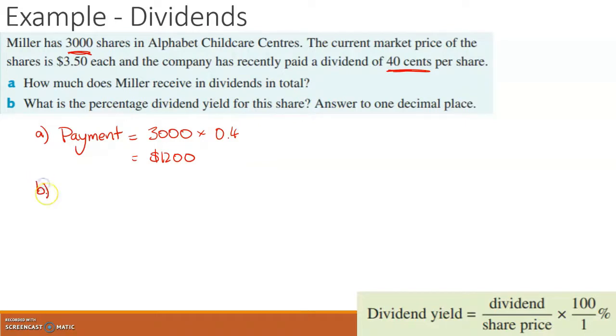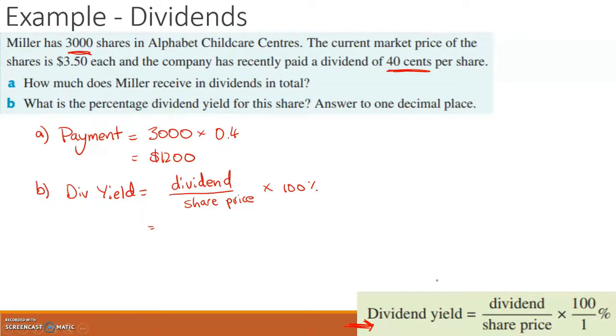Now B asks, what is the percentage dividend yield for this share? So we use the formula from the previous slide, and because it's new, I've embedded it on the slide here for us to look at. So the dividend yield is equal to the dividend that you receive per share divided by the share price, and you multiply that by 100%.